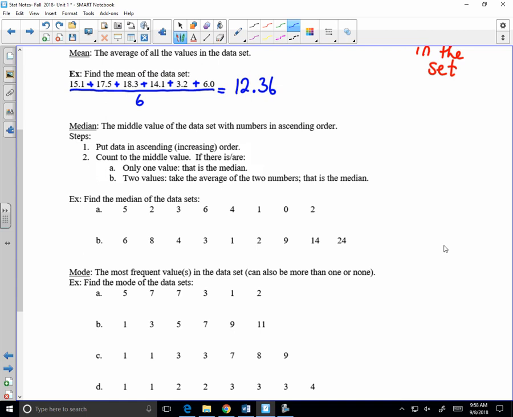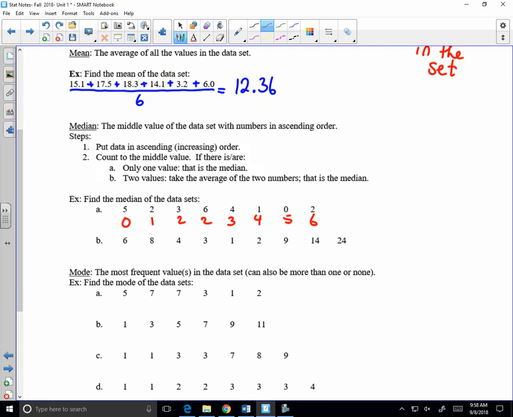The newest school involves the graphing calculator, so we'll get to that next week. But if we put the data in order, in some cases that's not bad. In the first case, it's pretty easy to see what the smallest number is, then the next smallest. Then I've got a couple of 2s, and I've got a 3, a 4, a 5, and a 6.